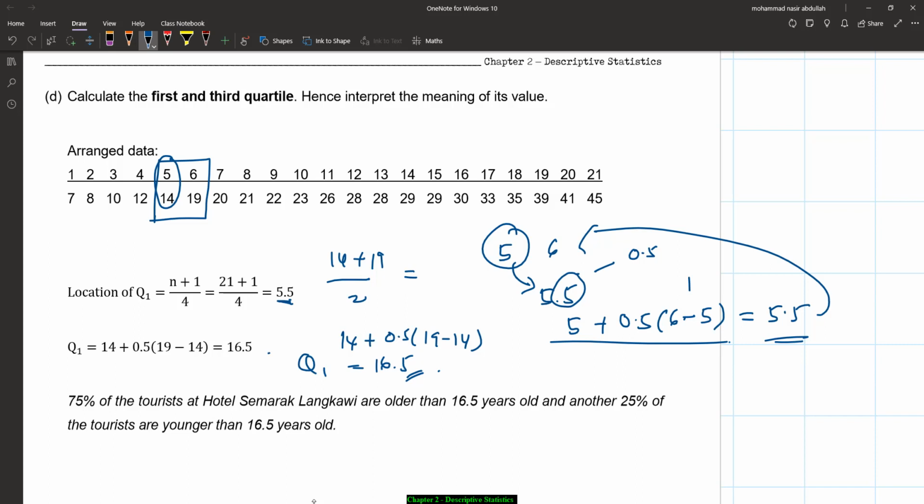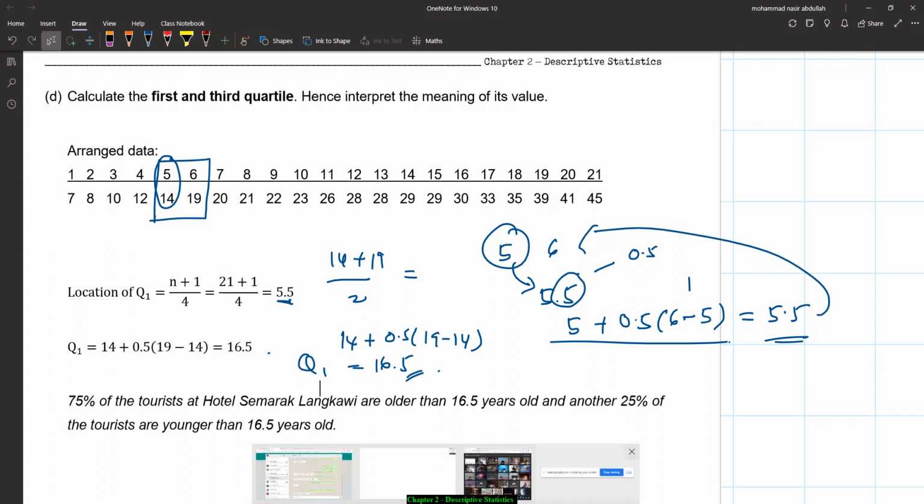So the quartile 1 means that 25% of the tourists is having age less than 16.5 years old, while another 75% of the tourists is having age more than 16.5 years old. That's how we interpret quartile 1, right?